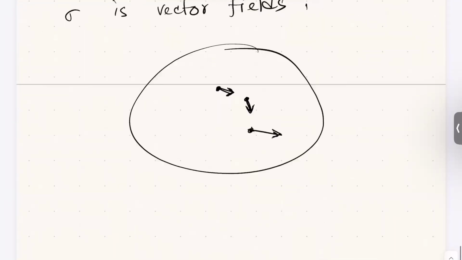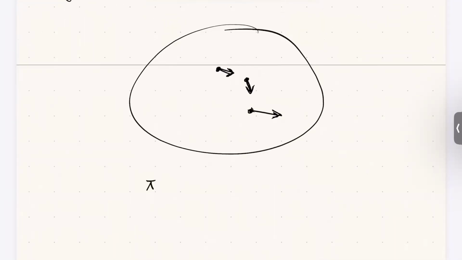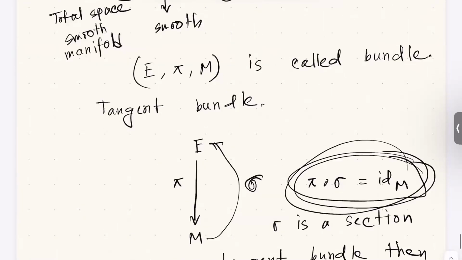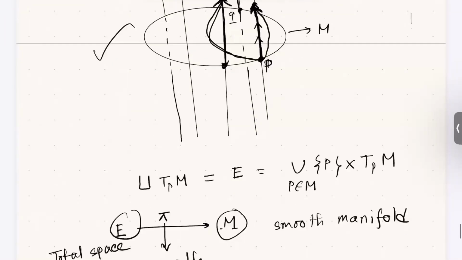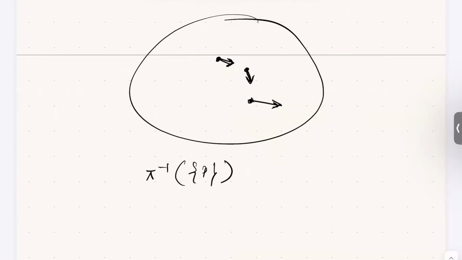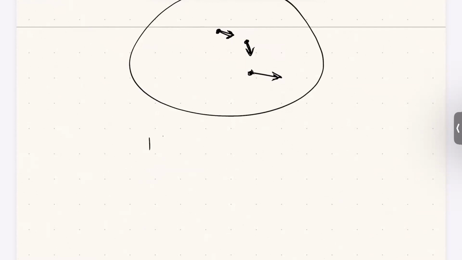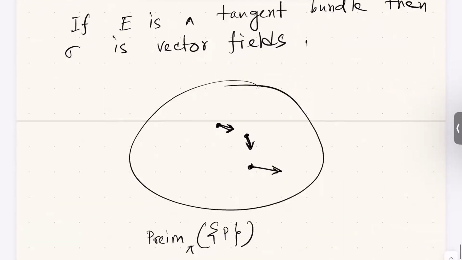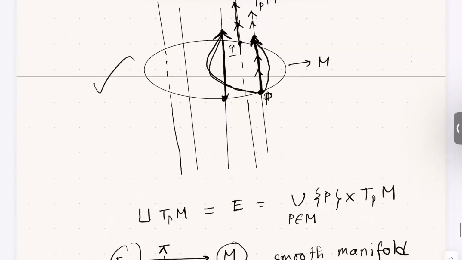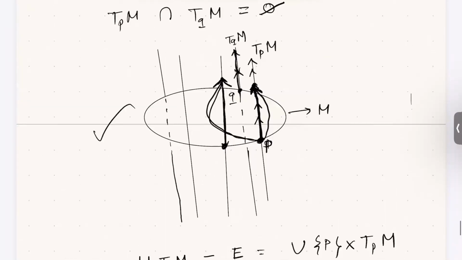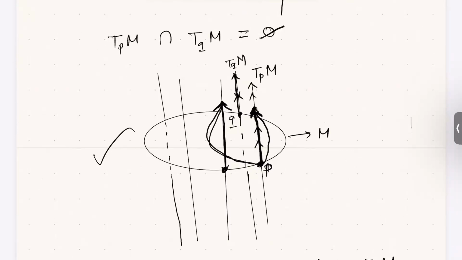And finally, I can consider pi inverse of a point P, which is actually the pre-image of the point P. It is the whole vector space.